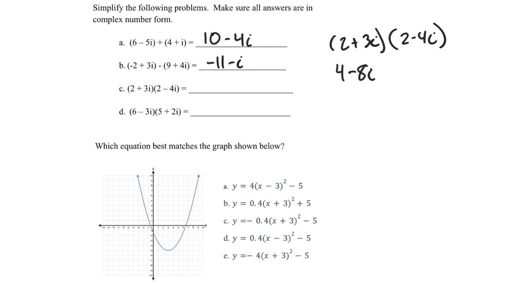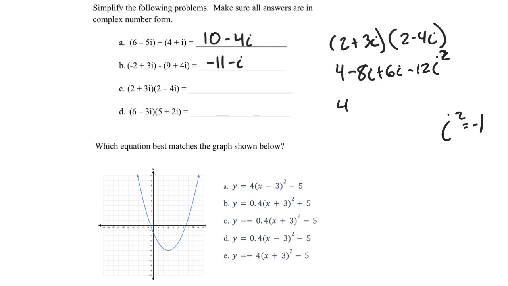So 3i times the 2 is going to give me positive 6i. And then 3i times the negative 4i is going to give me negative 12i squared. So now that I've got an i squared, if you'll remember, i squared equals negative 1. So I can plug a negative 1 in for that, and I can combine like terms.